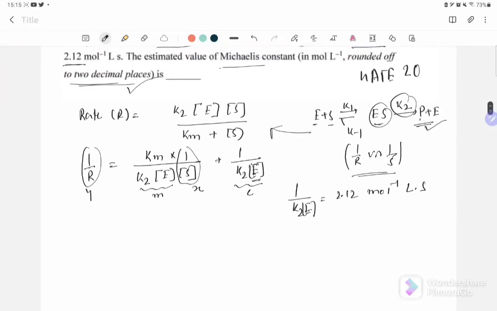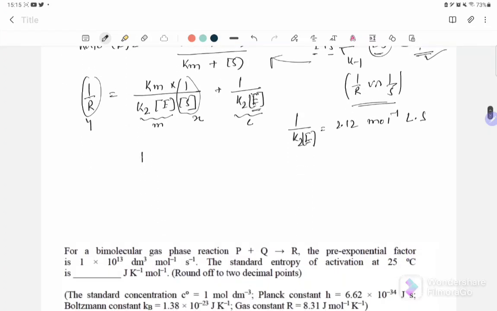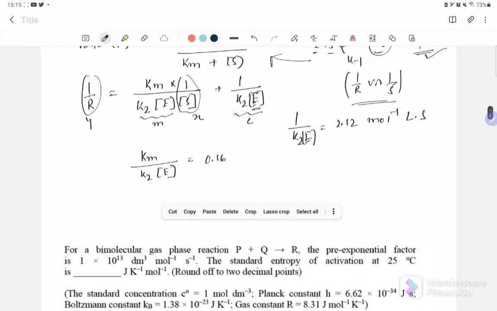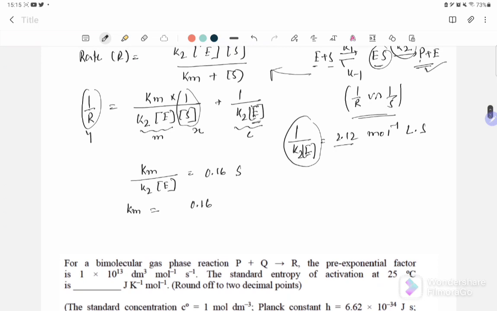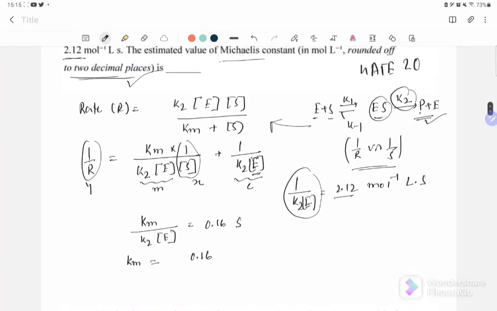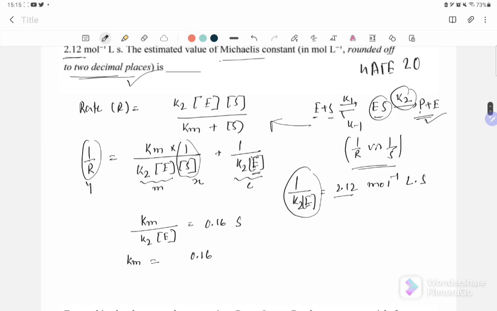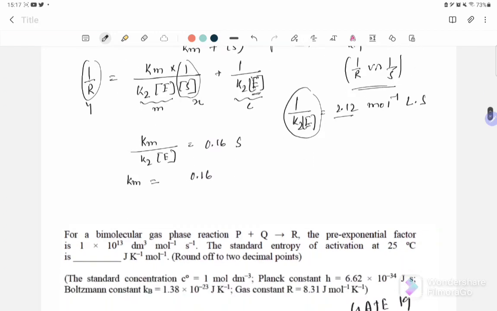And they asked for the Km. The slope is given, that is 0.16, so Km by K2 E is equal to 0.16, in seconds. And 1 by K2 E is equal to 2.12.